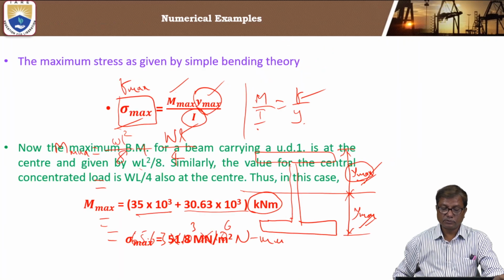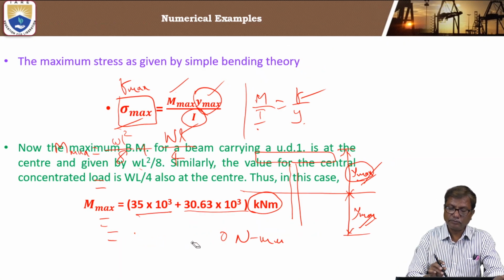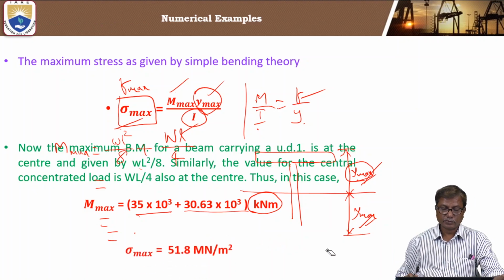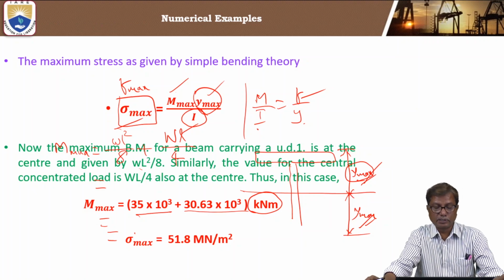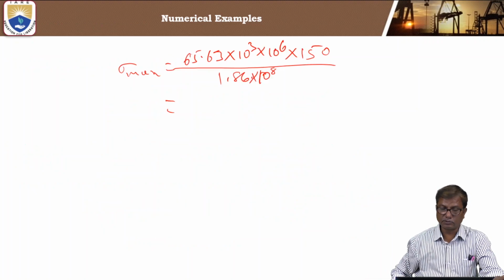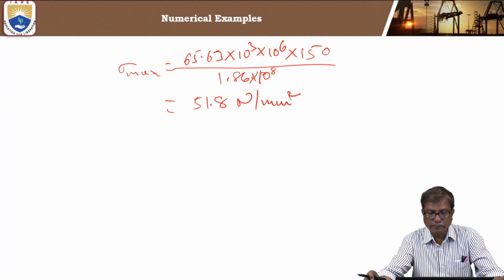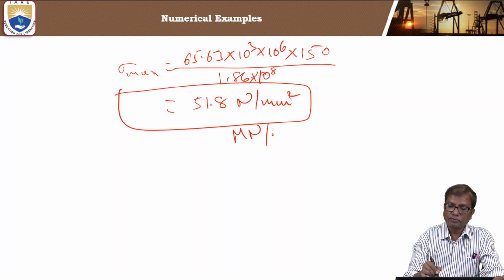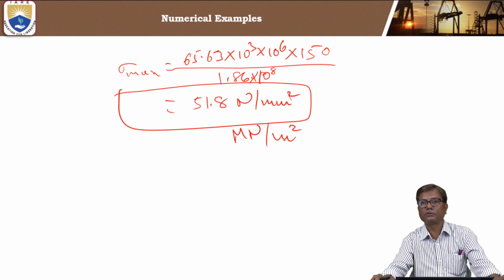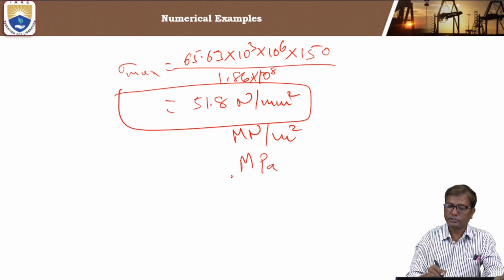The sigma maximum value comes out to be 51.8 Newton per mm square, or mega Newton per meter square, or mega pascals.